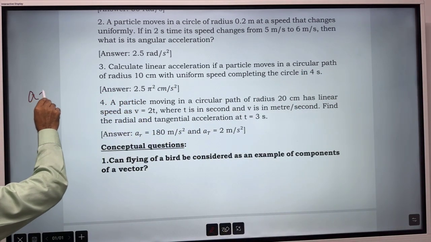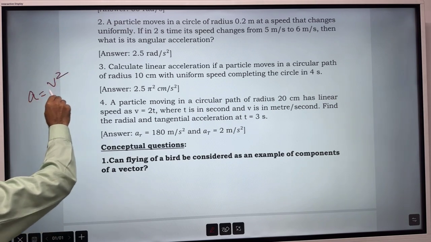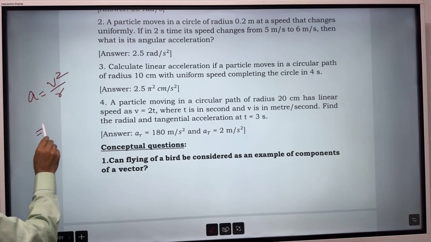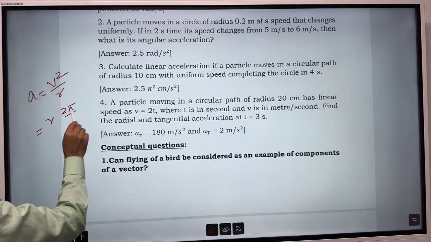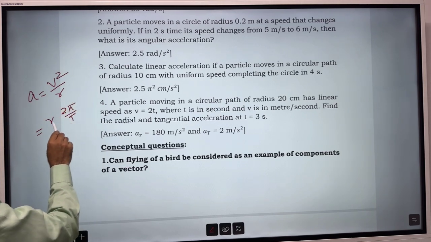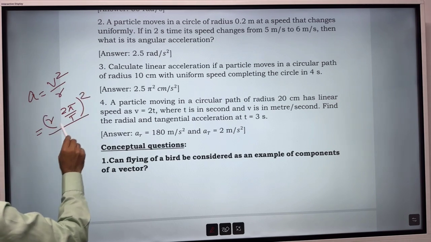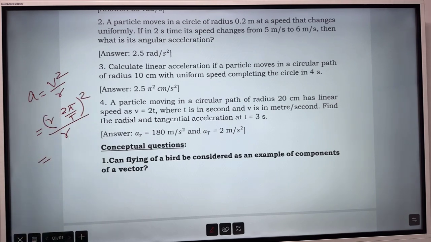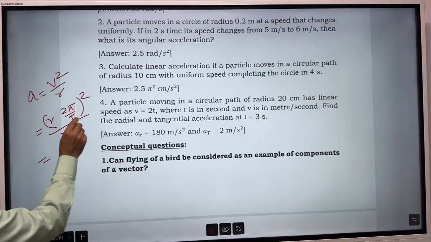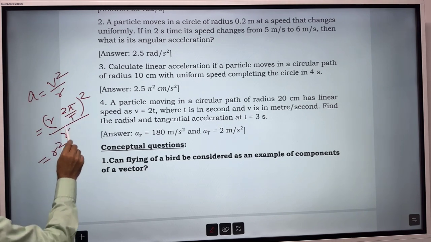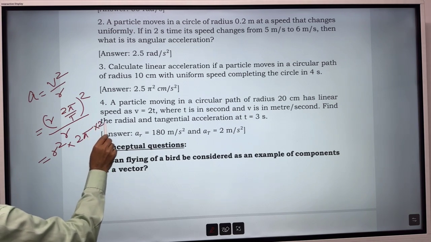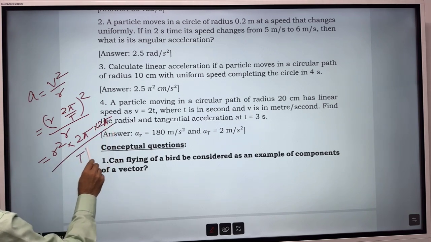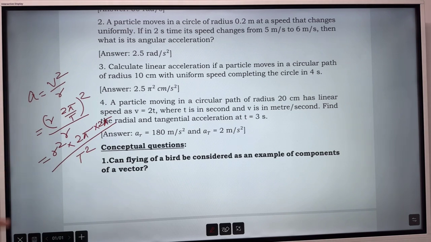We write A equal to V square upon R and V equal to R omega. So R omega, 2 pi by T, whole square divided by R. So it becomes R square into 2 pi divided by T square. So what will it become? Here R is also there.